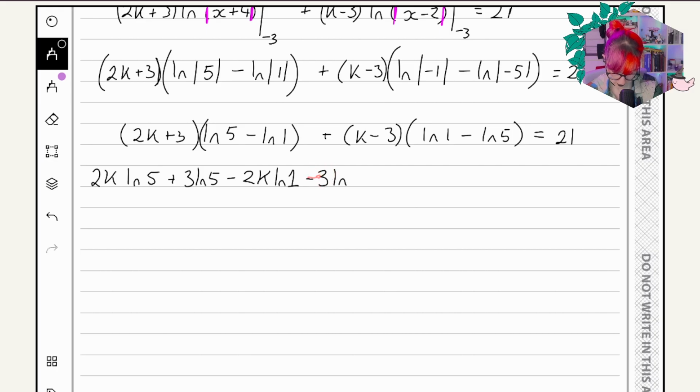Minus 3 ln 1. Plus k ln 1. Minus 3 ln 1. Minus k ln 5 plus 3 ln 5, all equals to 21. I think my signs are right on that.